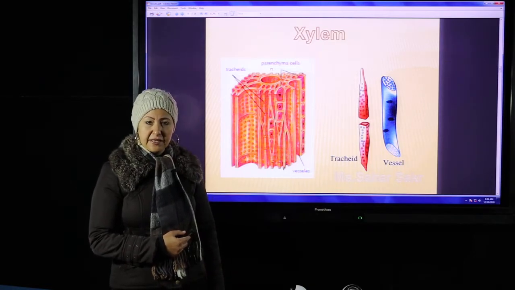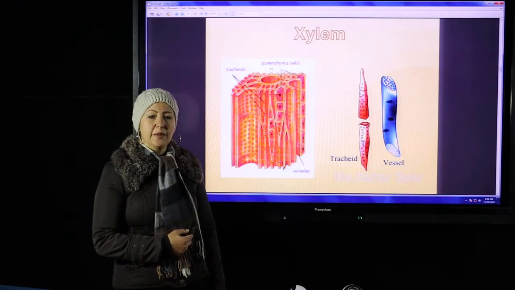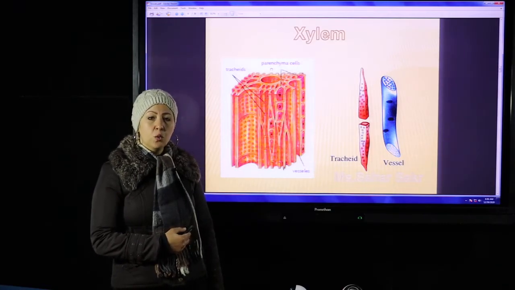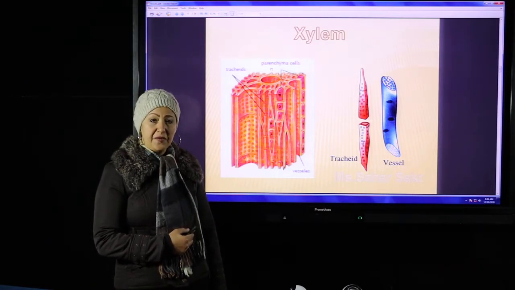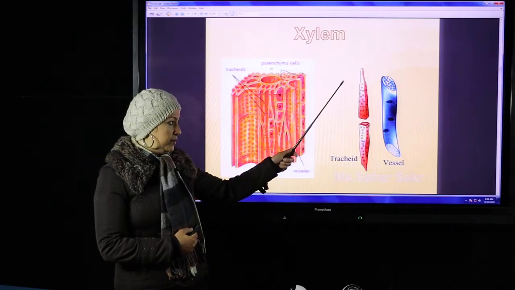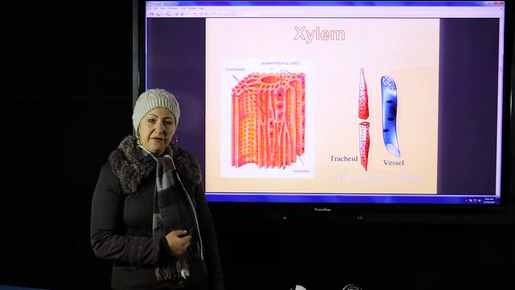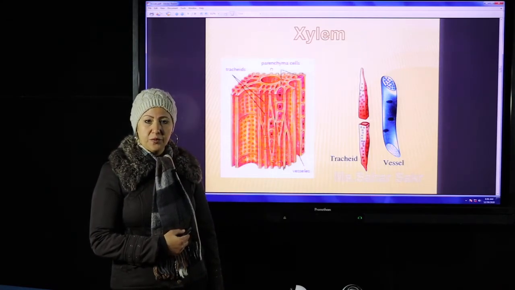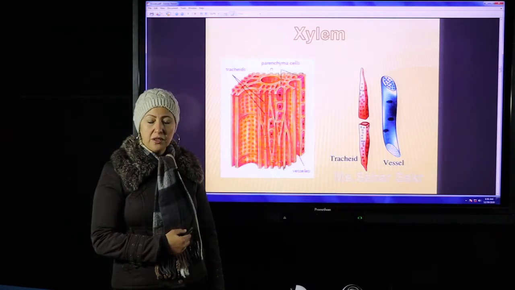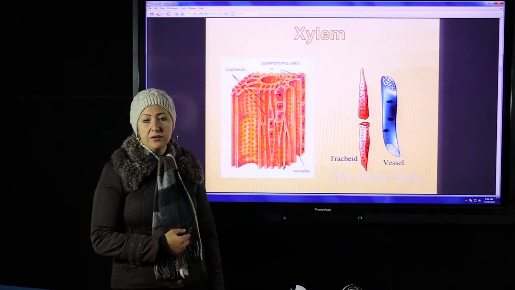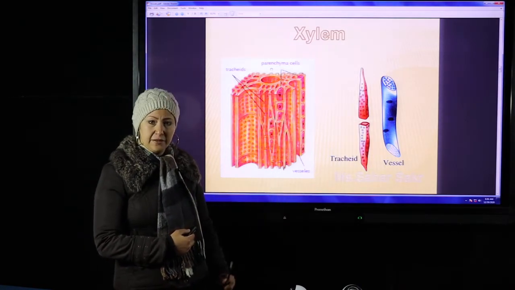During the formation of these cells, the nucleus disappeared, the cytoplasm also disappeared, and the transverse walls between the cells disappeared. So the xylem vessels appear at the end as a hollow tube, letting the water and salts transfer up from the root to the leaves without any problem. So the xylem vessel is a hollow tube without nucleus, without cytoplasm, and without transverse walls between the cells.